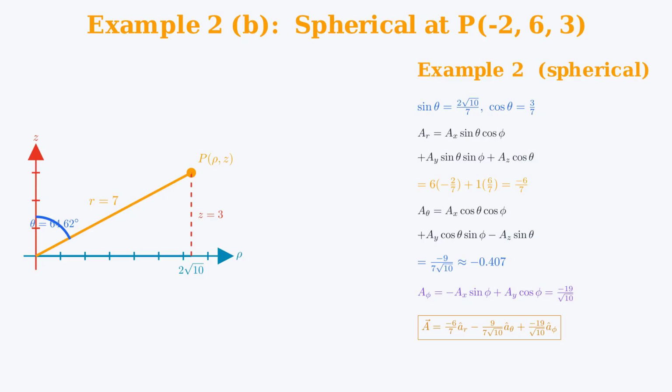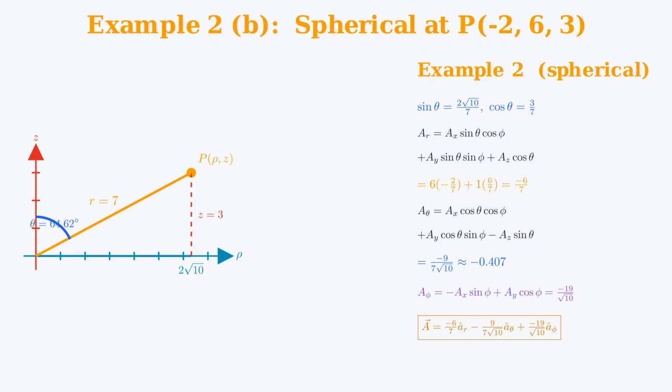A theta equals Ax cosine theta cosine phi plus Ay cosine theta sine phi minus Az sine theta. Plug in 6 times 3 over 7 times minus 1 over root 10 plus 1 times 3 over 7 times 3 over root 10 minus 0.